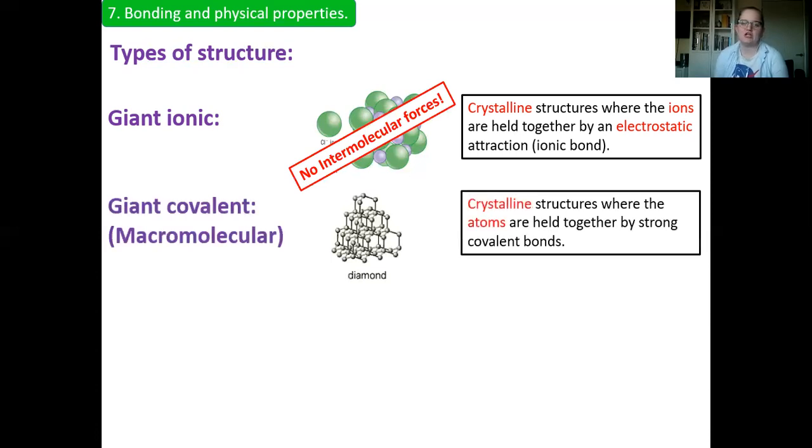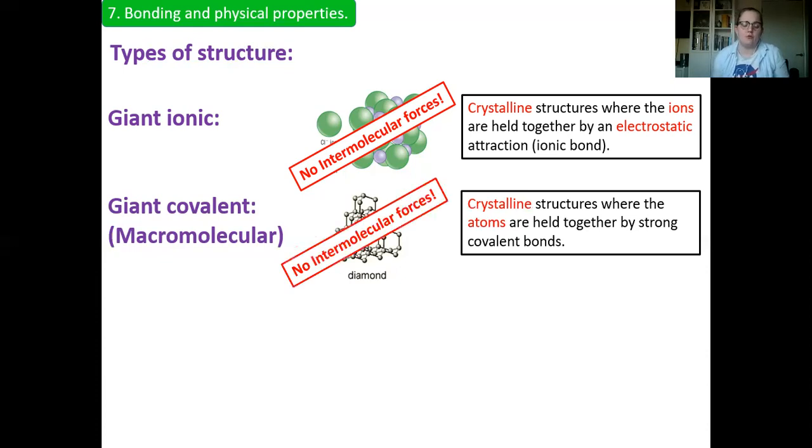We also have giant covalent structures. They're a macromolecule. And these are also crystalline structures where the atoms are held together by strong covalent bonds. These strong covalent bonds stop them from being able to be dissolved. They have high melting and boiling points, and actually many of these sublime, they completely miss out the liquid stage and go straight from solid to gas.